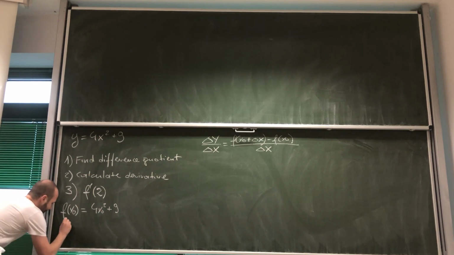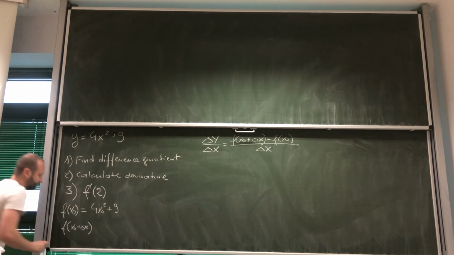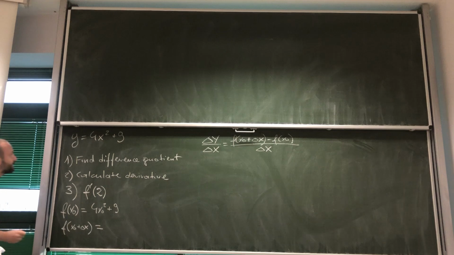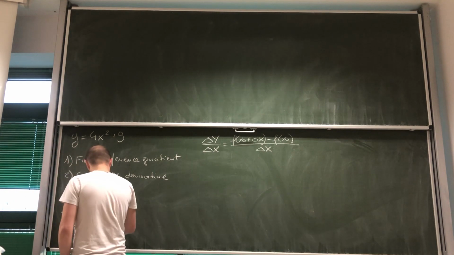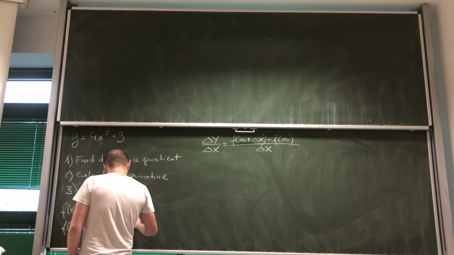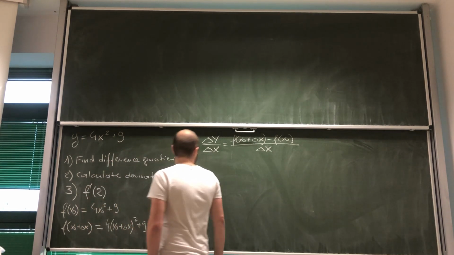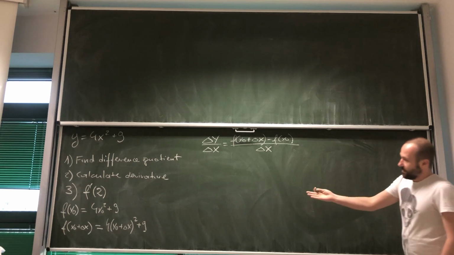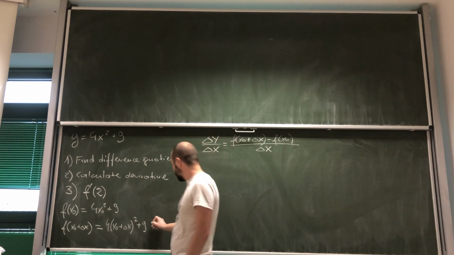Then f of x0 plus delta x is what we're going to get if I replace x with x0 plus delta x. Okay, this one we can calculate quite easily.